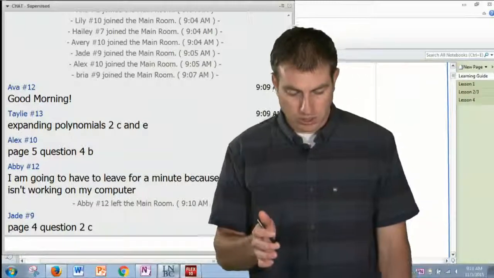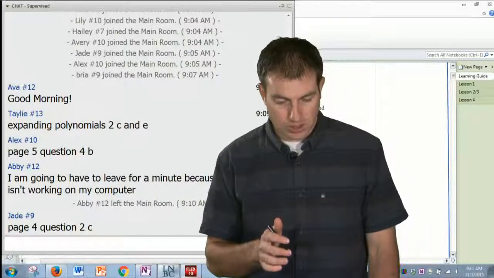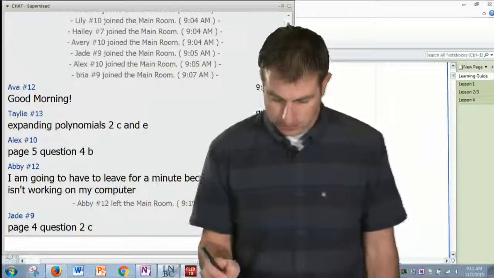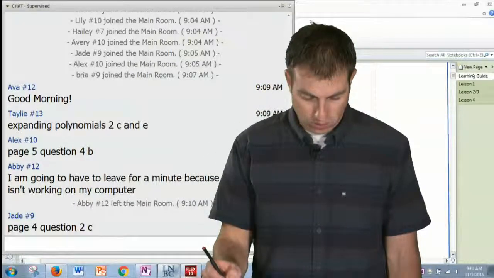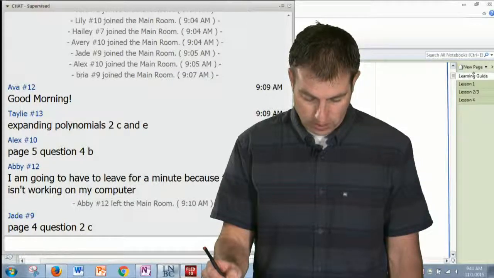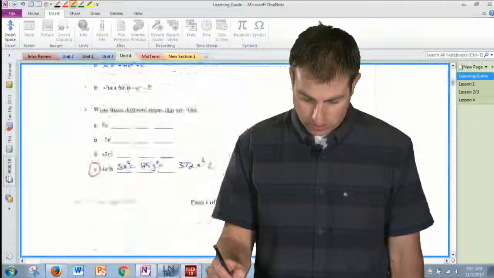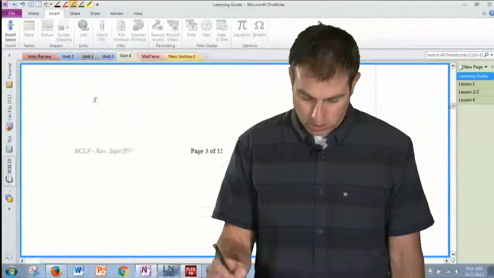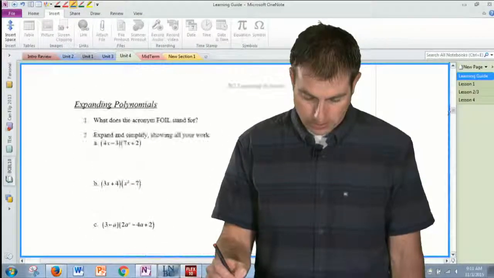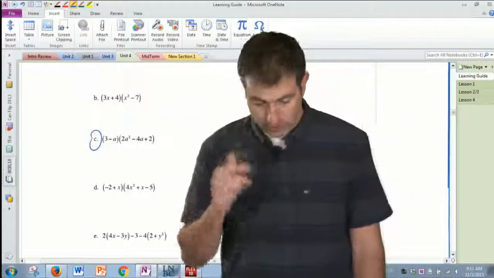All right, so we have a bunch of questions in here. Expanding polynomials 2C and E, page 5, 4B, and page 4, 2C. Let's get to these. I don't know which page is first. Let's go to page 4, 2C first. We're going to expand that little guy.